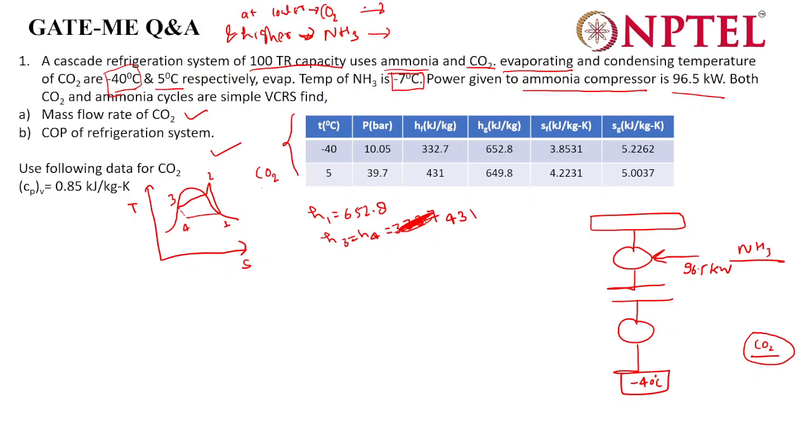So H2 is remaining. How will you find H2? First you have to find the temperature at 2, means S1 is equal to S2 is equal to what?